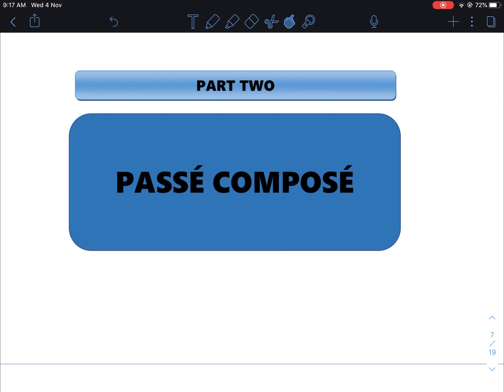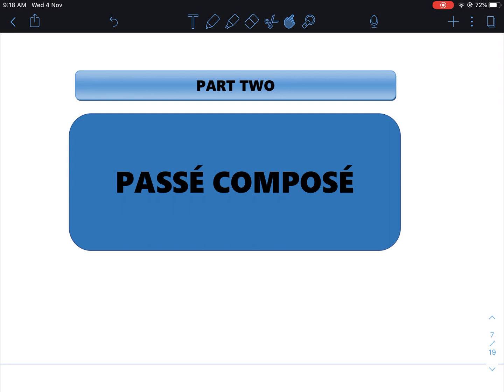The most important part in part 1 is to explain when we use passé composé with auxiliary avoir and when we use auxiliary être. Okay, and also what are the two exceptions for verbs using auxiliary être?